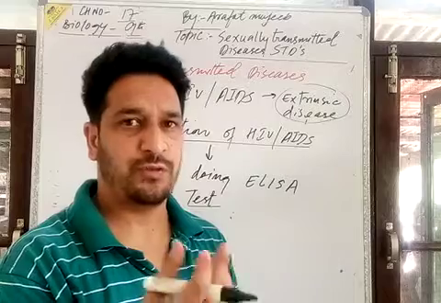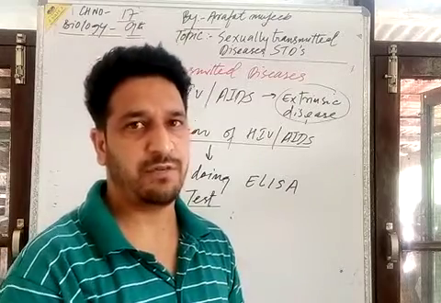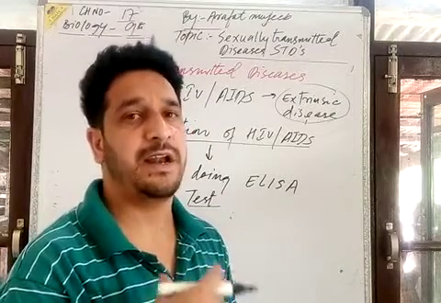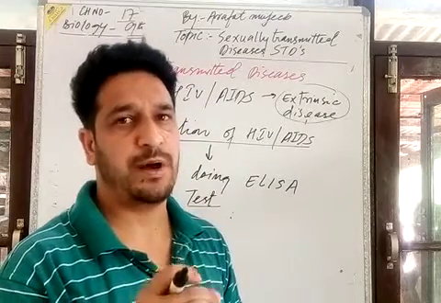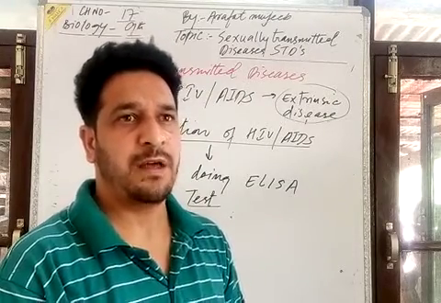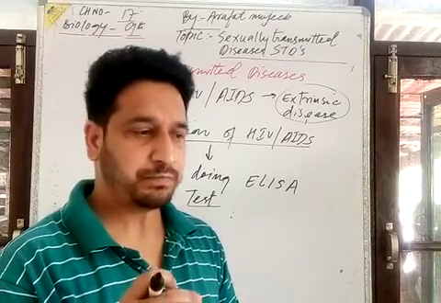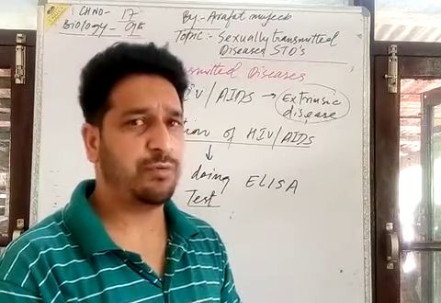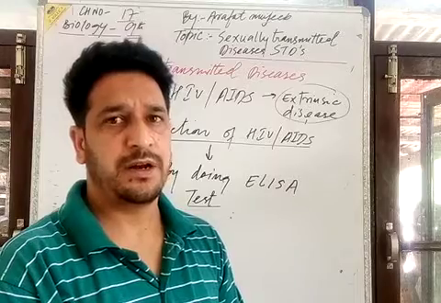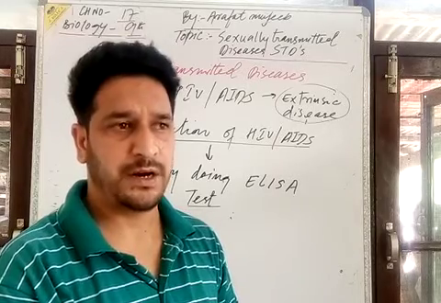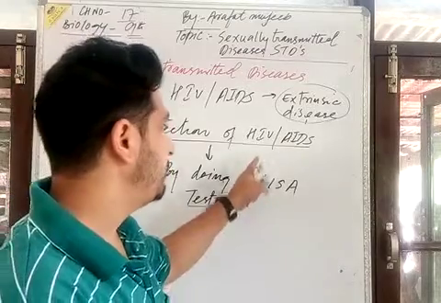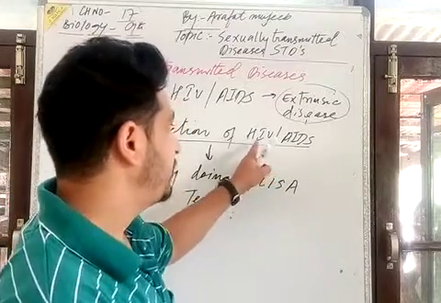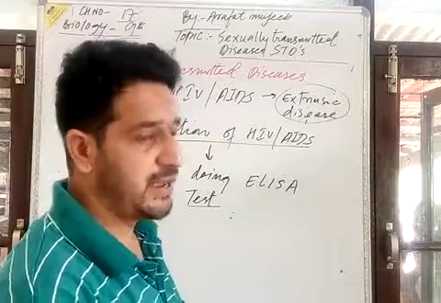The antibodies which fight against this HIV virus, if their number increases in the blood, by determining their number, by determining the antigen antibodies in the blood plasma. By means of this test, it confirms the detection of the HIV virus in the blood.